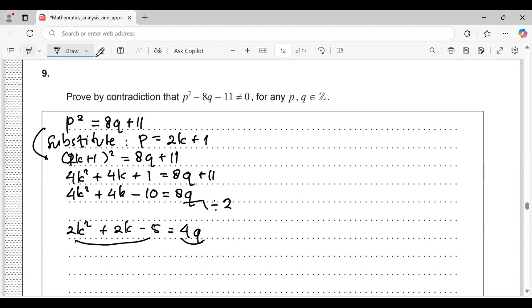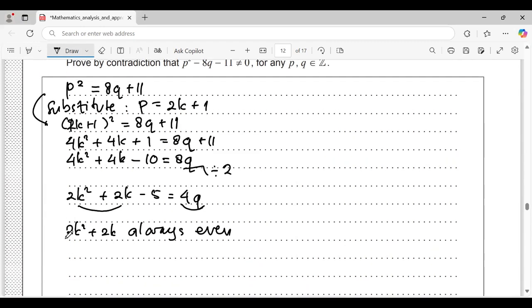The term 2k squared plus 2k is always even, because this term is divisible by 2.